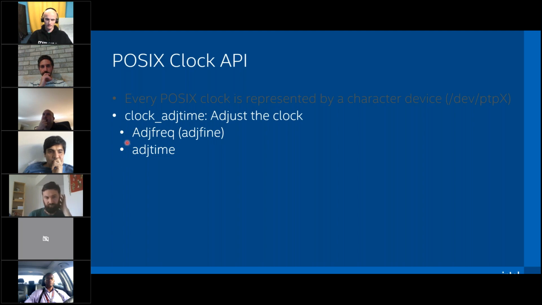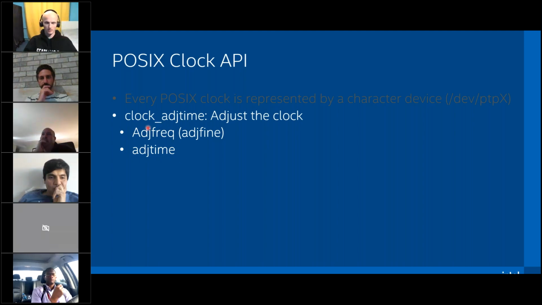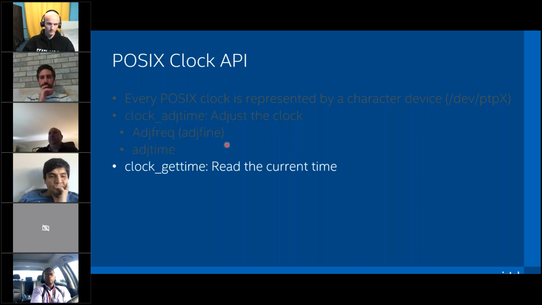Adjust time is non-monotonic, so it will create a jump in the time. Adjust frequency, or adjust fine, will try to adjust the frequency at which the PHC timer ticks to actually match the time between the source and the subordinate, between the master and the subordinate.